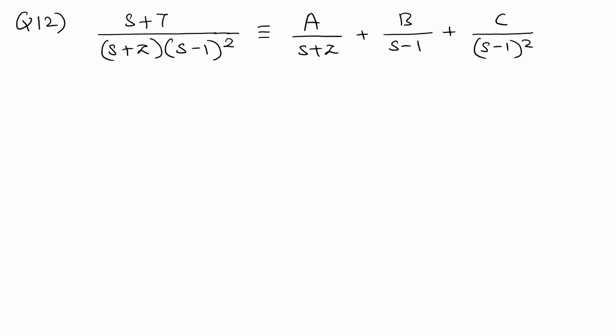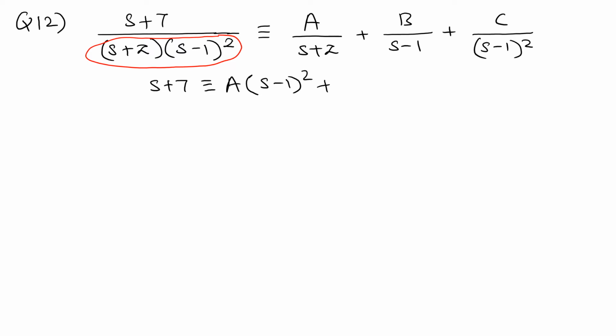So we're going to multiply the whole expression on the left side by the denominator. You get s plus 7 identical to a, and then you cancel the s plus 2 term and write the rest. So it is (s minus 1) squared for the first one.